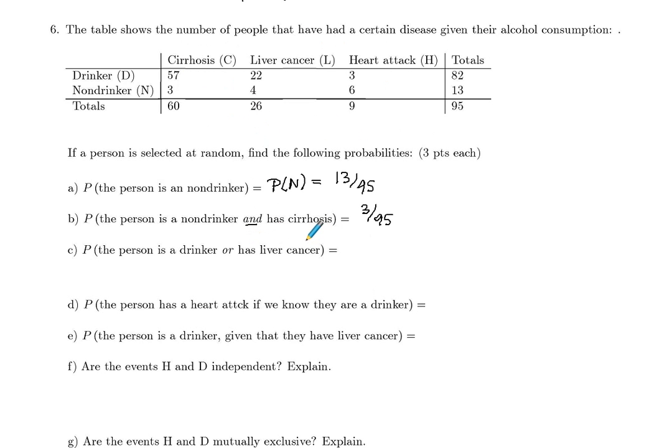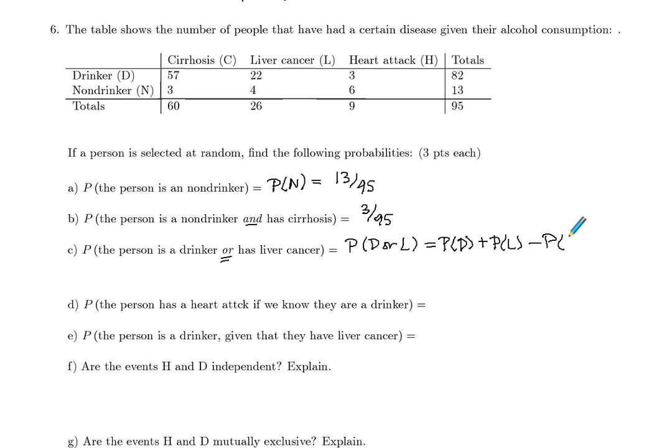What's the probability the person is a drinker or has liver cancer? So or, that's addition rule. So this is going to be the probability that the person is a drinker, that's D, or has liver cancer, that's L. So addition rule says you take probability of D and you add probability of L, and then you subtract out the overlap between the two events.